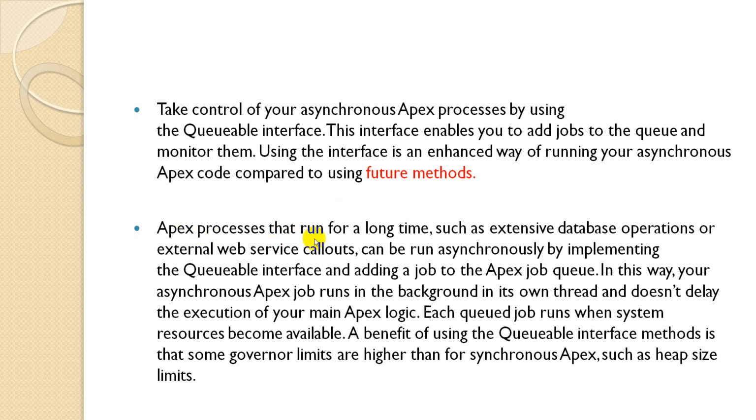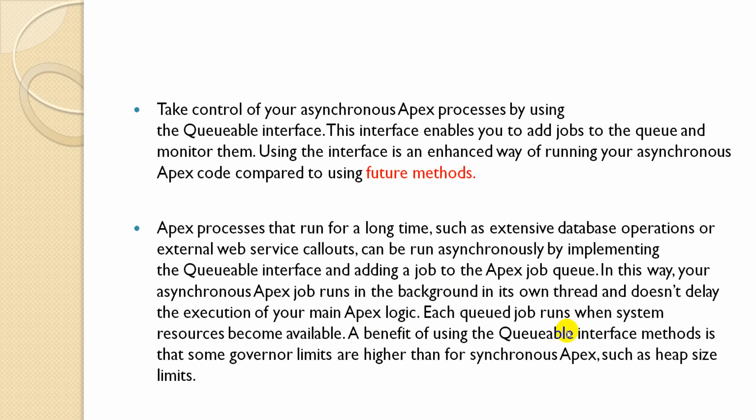Apex processes that run for a long time, such as extensive database operations or external web service callouts, can be run asynchronously by implementing the Queueable interface and adding a job to the Apex job queue. In this way, your asynchronous Apex job runs in the background in its own thread and doesn't delay the execution of your main Apex logic.